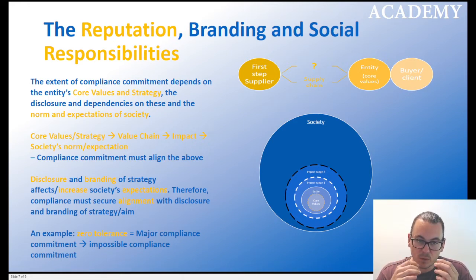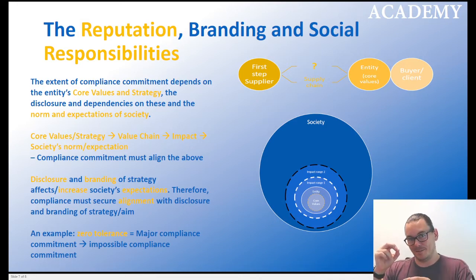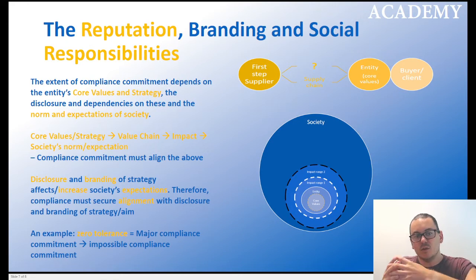So we have the core values and the strategy that has to align with the value chain that will reflect on the impact factor, and those three together will at some point reflect the norm and the expectation that society will have upon your entity.